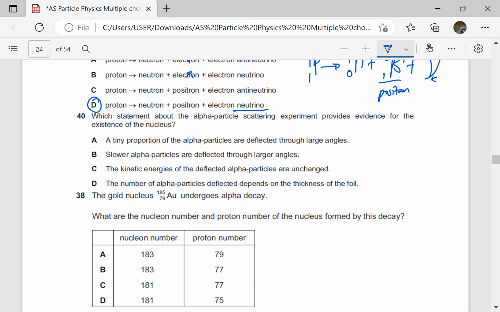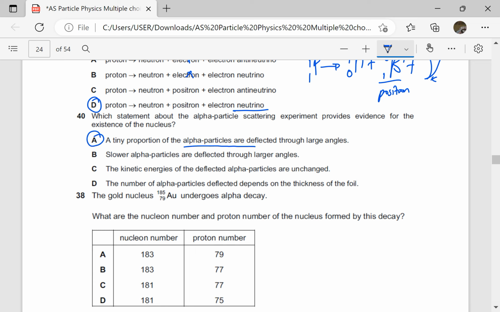Which statement about the alpha scattering experiment provides evidence for the existence of the nucleus? Existence of the nucleus, that must be deflection. The first one is saying a tiny proportion of the alpha particles are deflected through large angles.